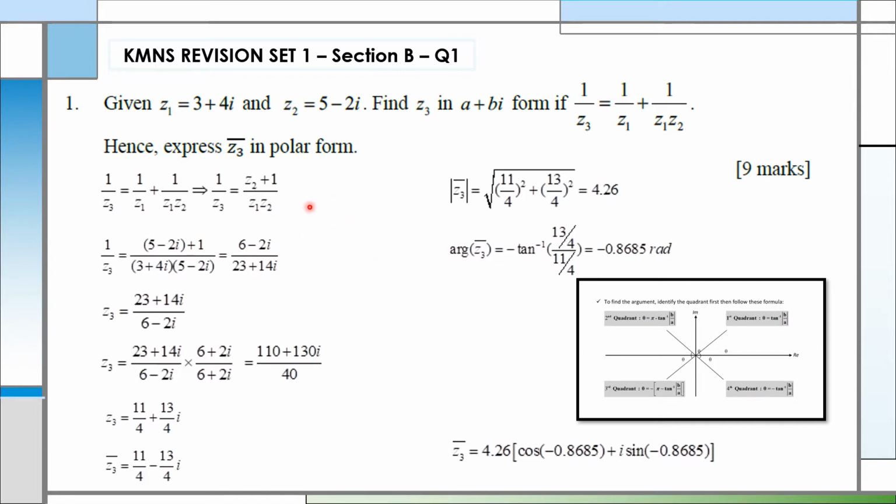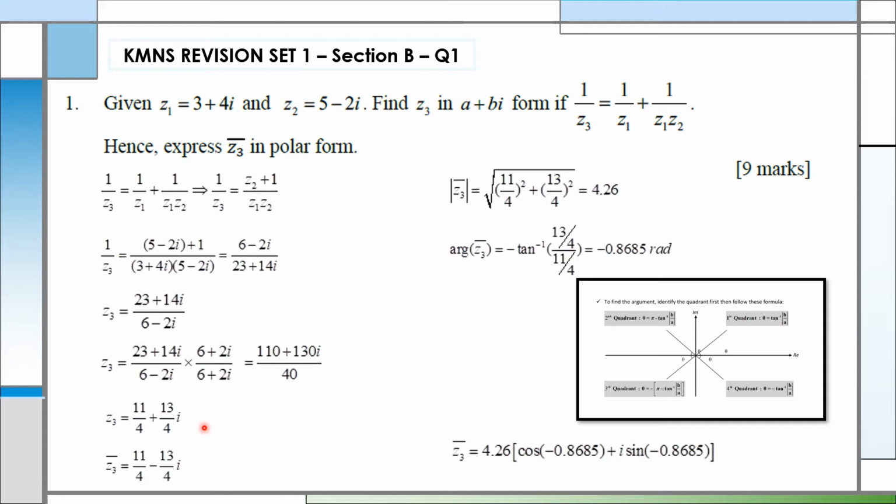We are going to equate the denominator to find what Z3 is here. And then, as we can see, this is not in the form of a complex number a plus bi, so we multiply with its conjugate 6 plus 2i to give Z3 in the form of a plus bi.